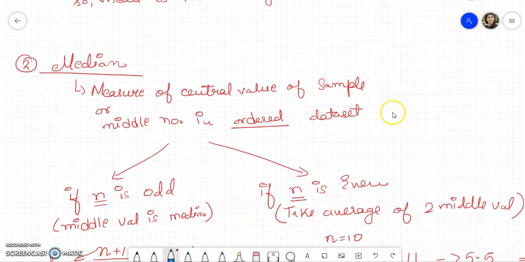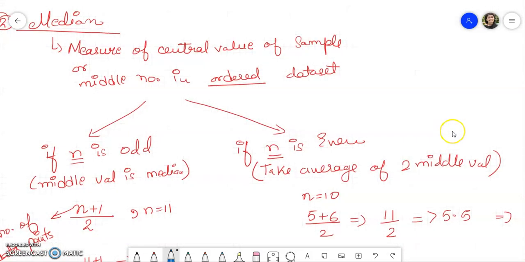So what exactly is the median? Median is a measure of the central value of a sample data set, or you can say the middle number in an ordered data set. When we talk about the median, the data set should be sorted, in ordered format, in increasing order.